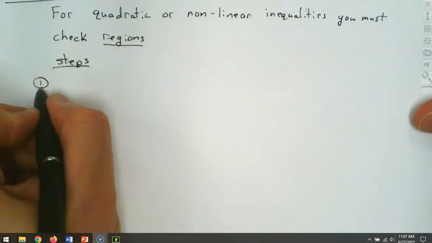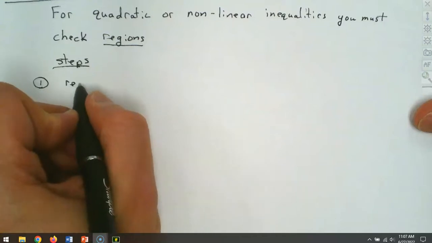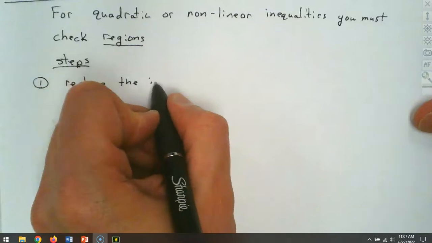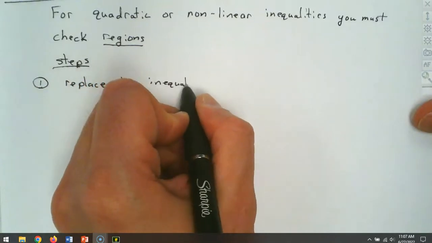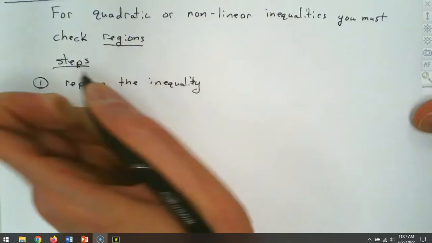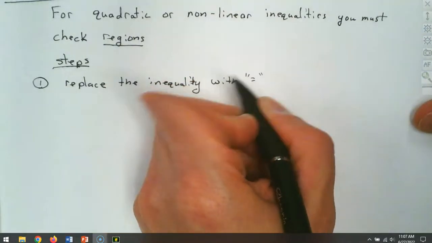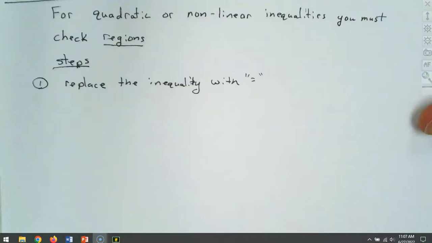For step number 1, we replace the inequality with an equal sign. So we're going to replace that inequality with an equal sign.